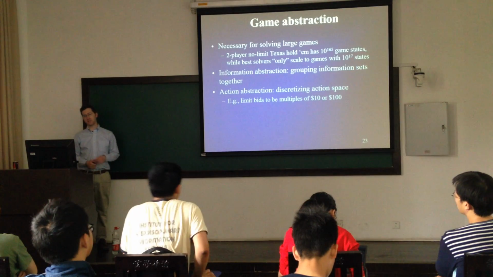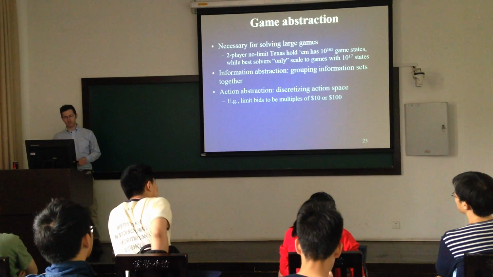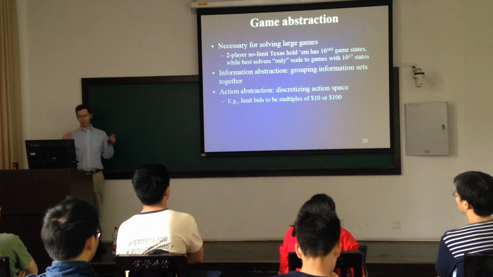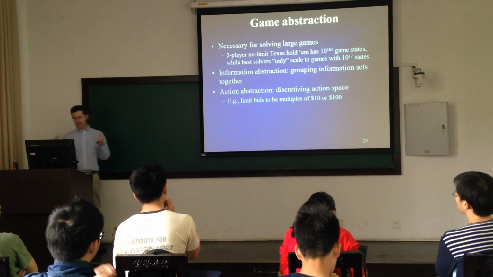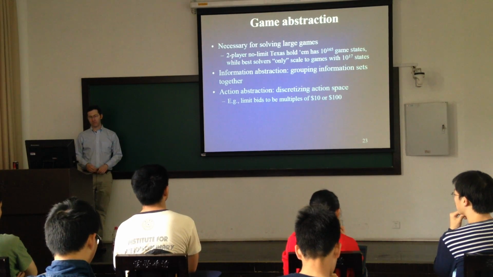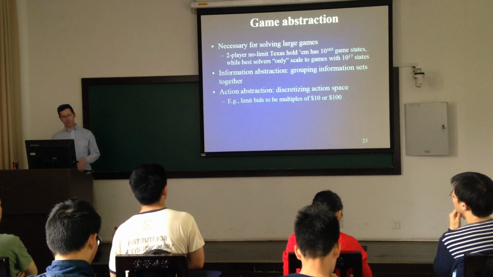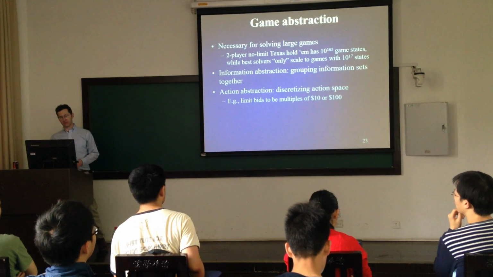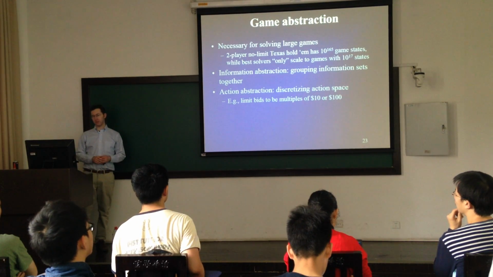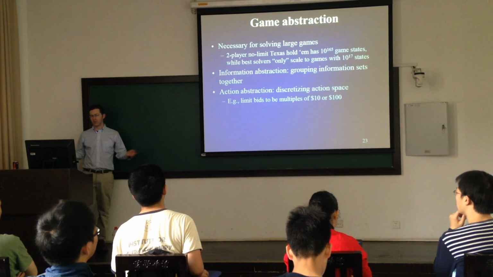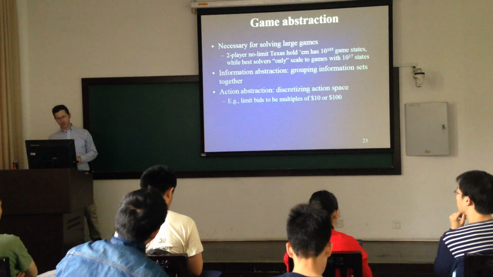And so there are 2 main types of abstraction that have been developed. One of them is information abstraction, which is where we're grouping together similar information sets or hands that we think are similar in some way. And the second is action abstraction, which is where we are basically removing certain actions, in particular by discretizing the action space to a smaller number of allowable actions to make it smaller.